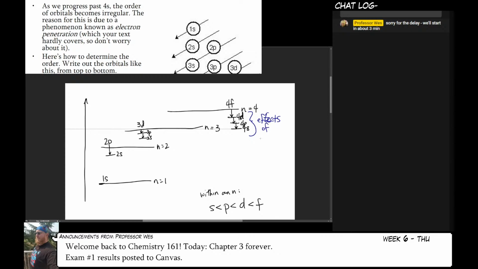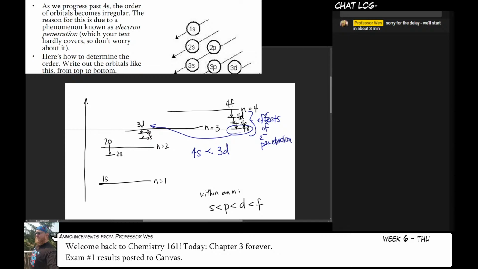So, because of the effects of electron penetration, some orbitals end up lower in energy in higher n's than in the previous n.